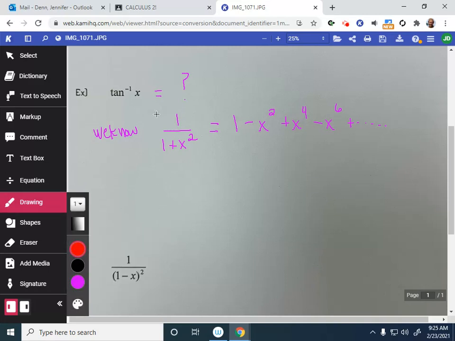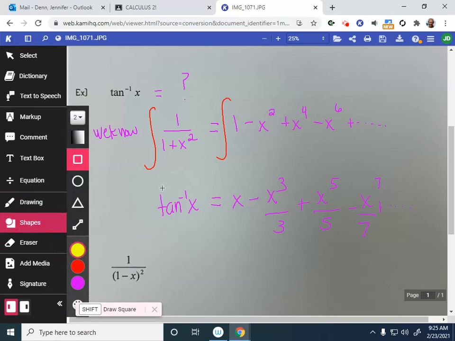And now, if I integrate both sides, I'm going to get the integral of 1 over 1 plus x squared is arctan. And I can take the integral of each term here. So I'm going to have x minus x to the 3rd over 3 plus x to the 5th over 5 minus x to the 7th over 7, and so on. And that gives me the series for arctan.